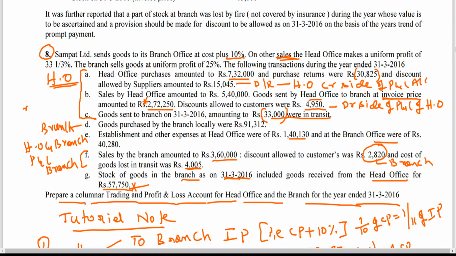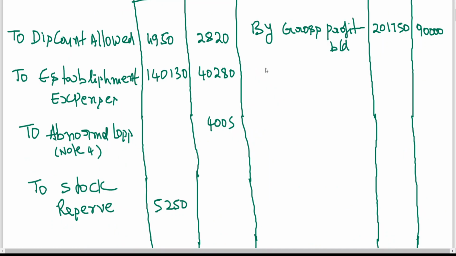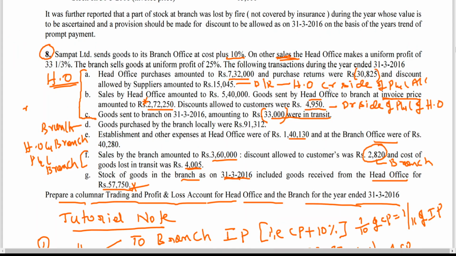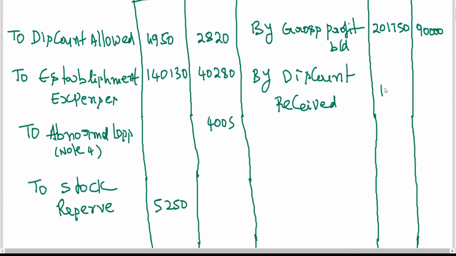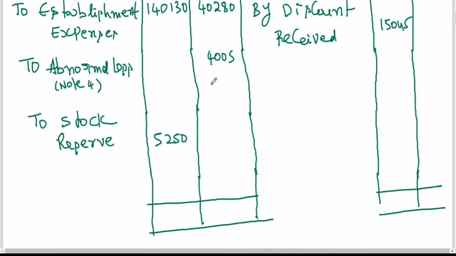So discount allowed by suppliers is nothing but discount received. By discount received, it is in the head office column, 15,045. Now you can close it.